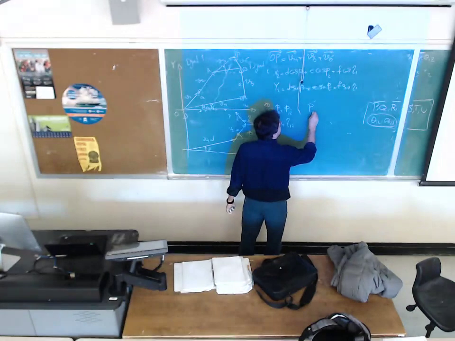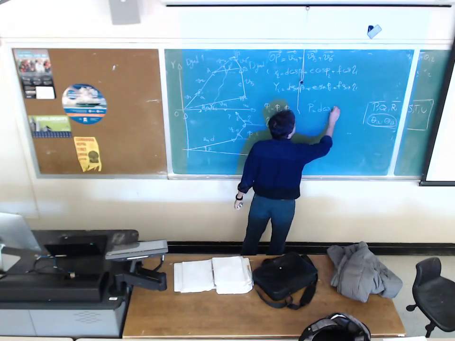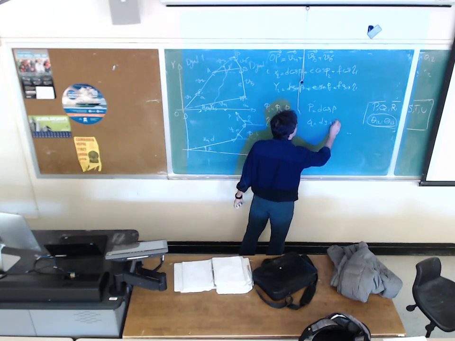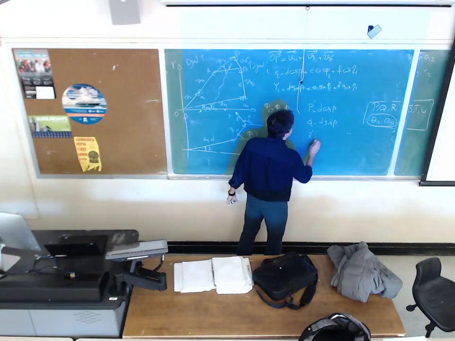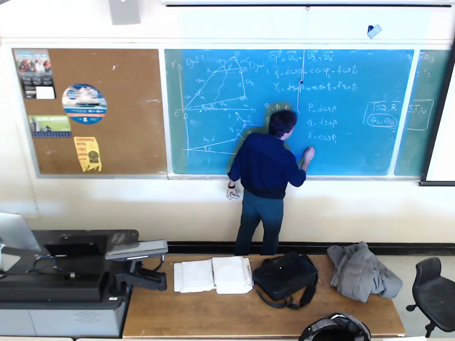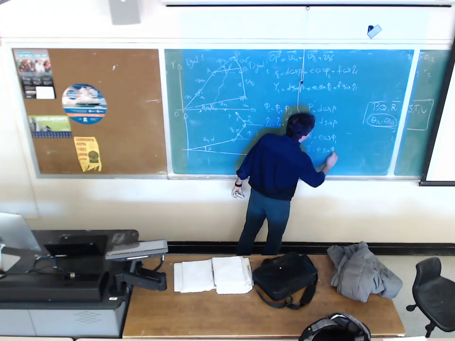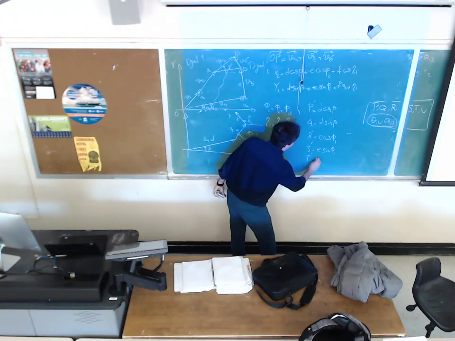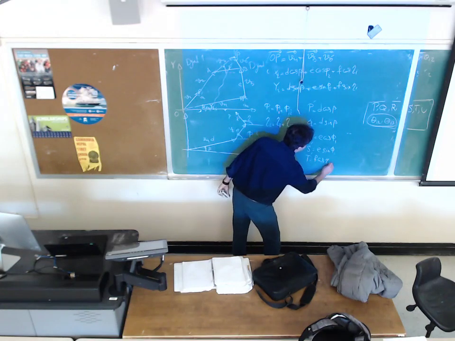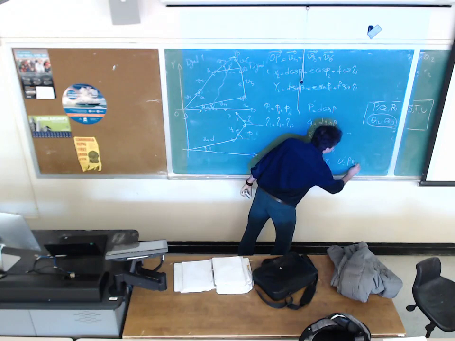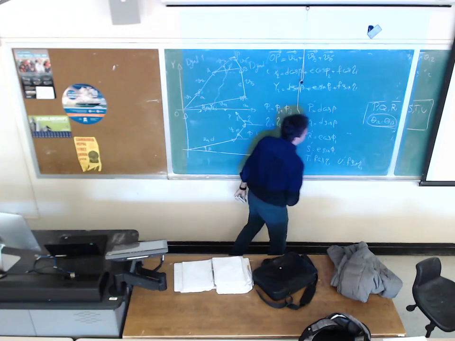I define P prime as D cosine of beta, Q prime as D sine of beta, R prime as E cosine of phi_1, S prime as E sine of phi_1, T prime as F cosine of eta_1, and U prime as F sine of eta_1.